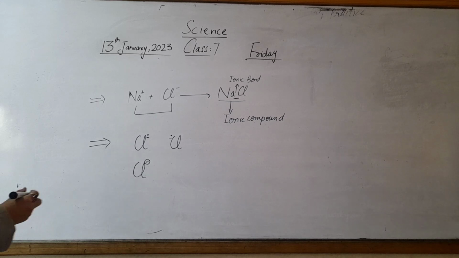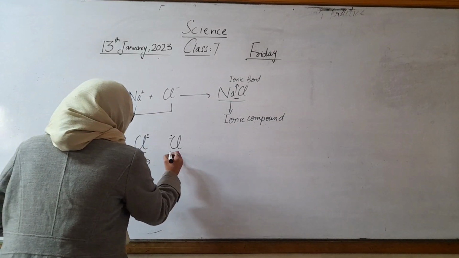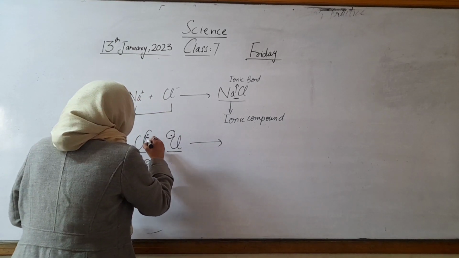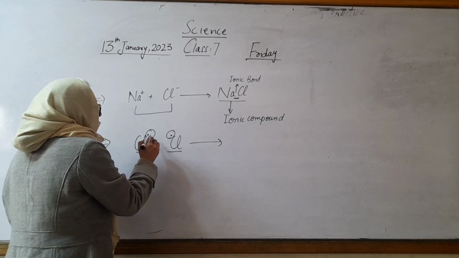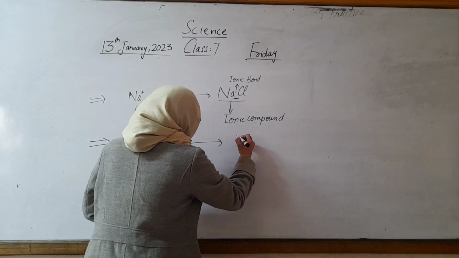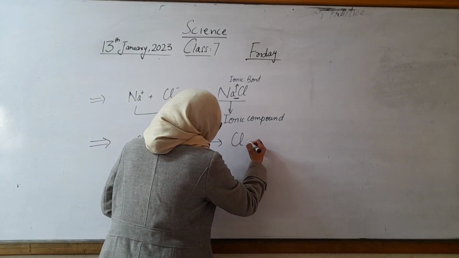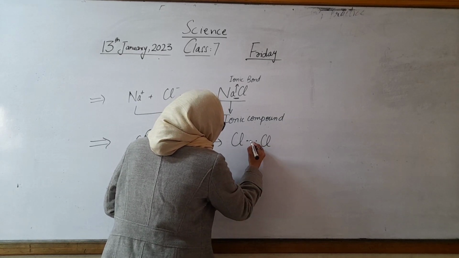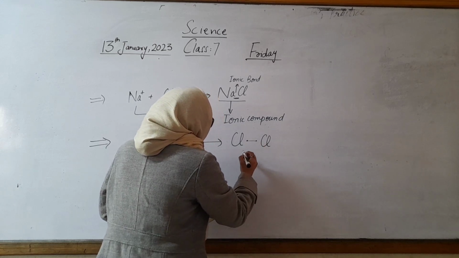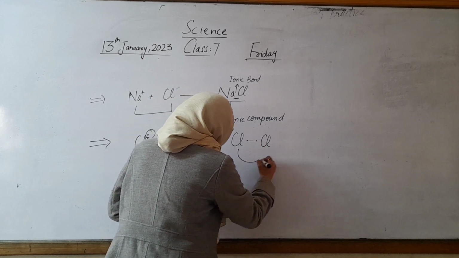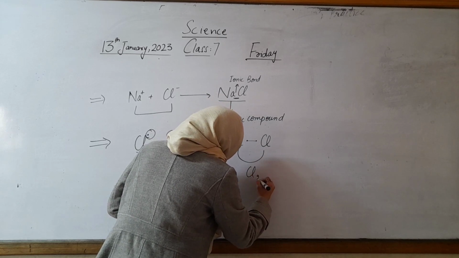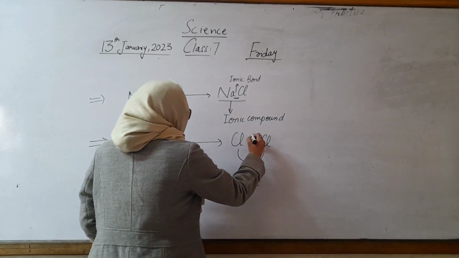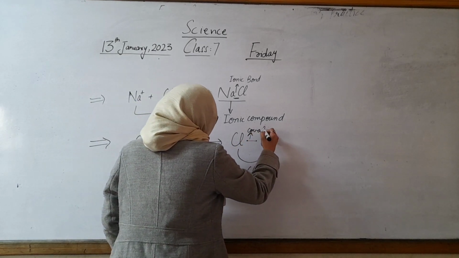For completion of the outermost shell, elements combine and sharing of electrons takes place between the atoms, and in this sharing, bonding takes place between chlorine atoms. This type of bonding is called a covalent bond. The compound that is formed as a result will be symbolized as Cl2. It is a covalent compound. It is the covalent bond.